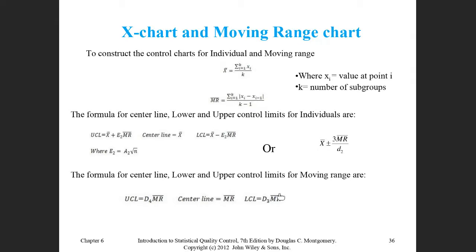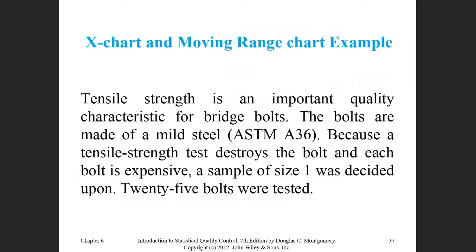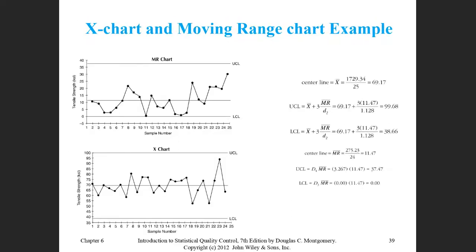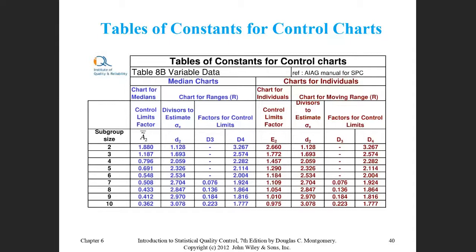So let's go and see those constants from the table and then go back to the example. Here are the constants, D2, and the other constants, for example E2 and D4, all of the constants that we are going to use for the moving range.